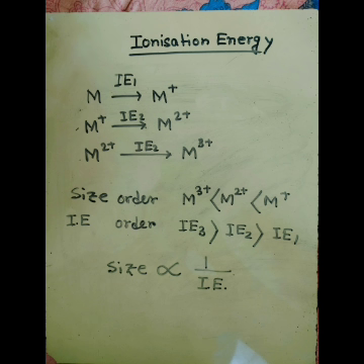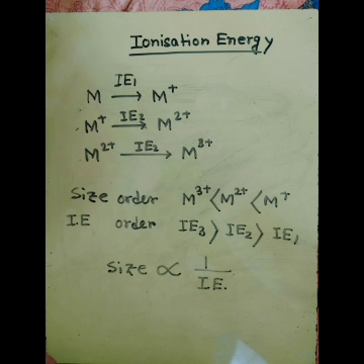If the size of an atom decreases, then the valence electrons are strongly bound by the nucleus. So when the size of the atom is smaller, the valence electrons are tightly attracted by the nucleus.